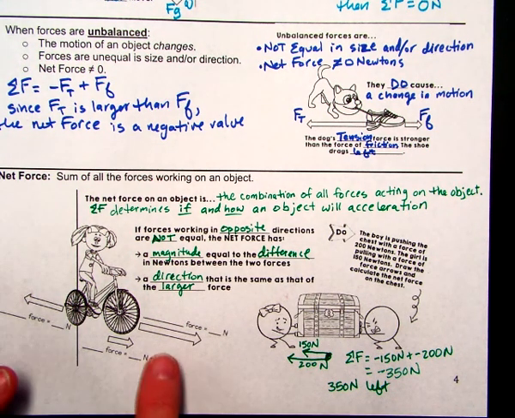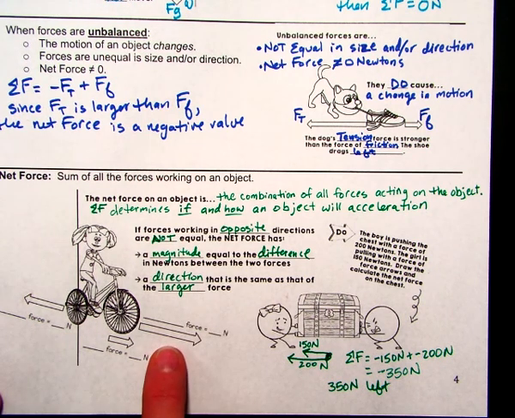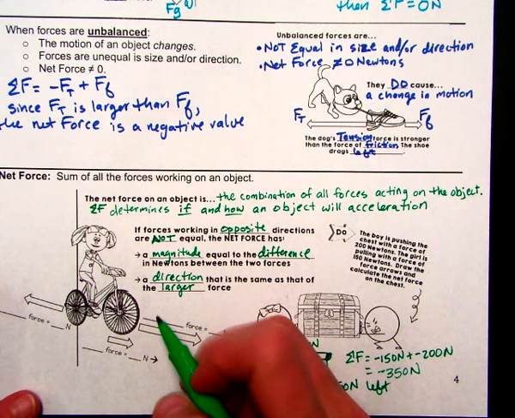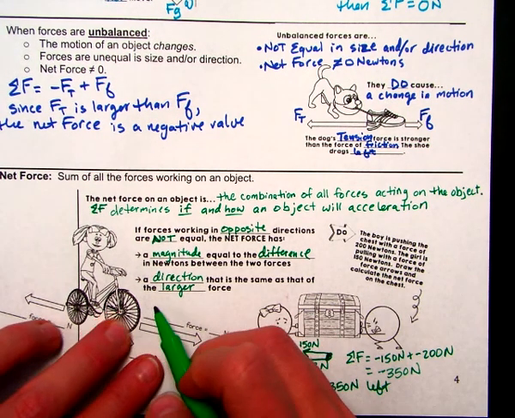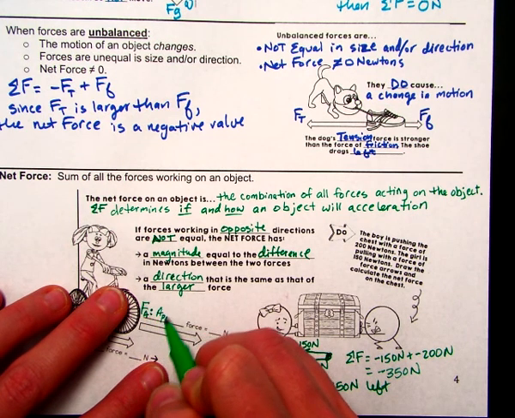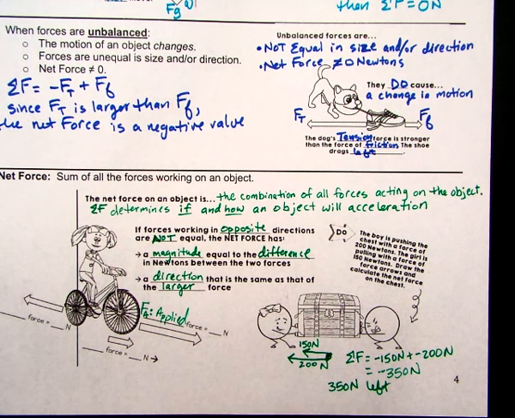Let's make up a scenario here. We have this girl, and she is biking, and so she's applying a force. So we're going to have an applied force this way. This is going to be FA, which is the applied force, and we're going to say that this is going to be 20 newtons.